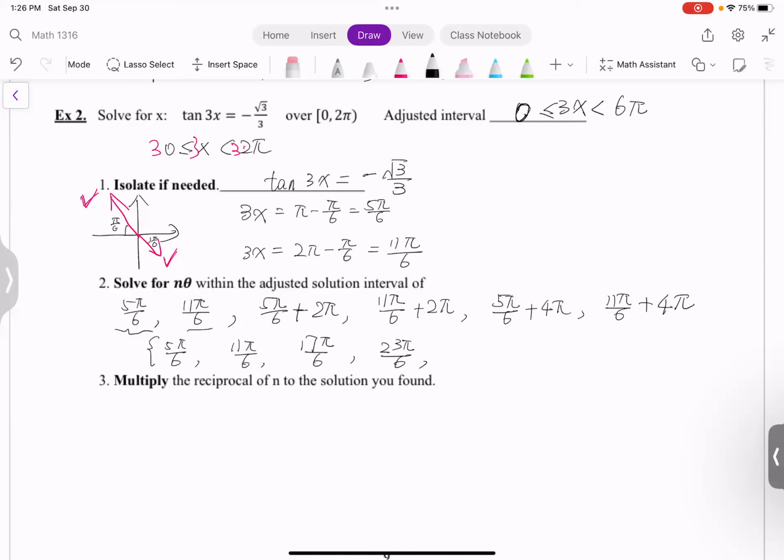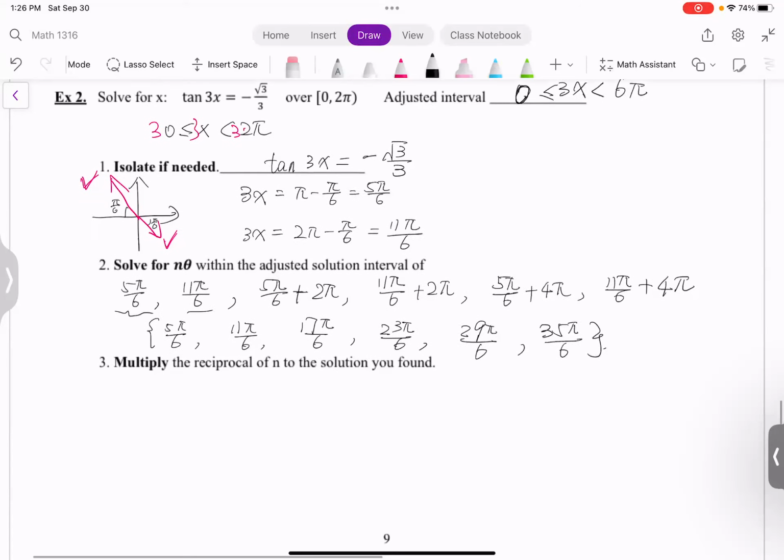And we have 17 plus 12 is 29 pi over 6. And the last one, 23 plus 12 is 35, so 35 pi over 6. Okay, so we got 6 solutions.